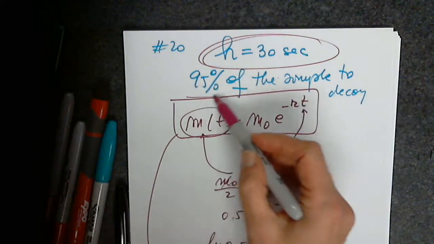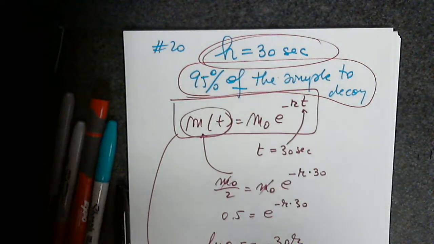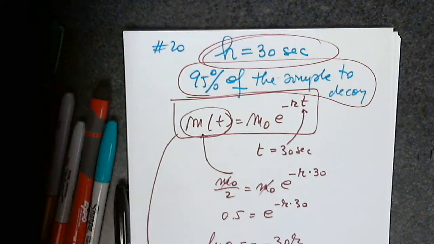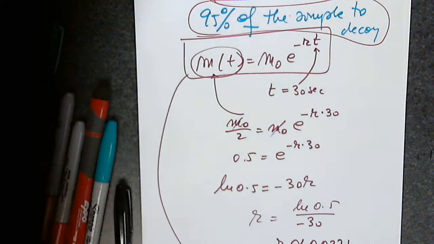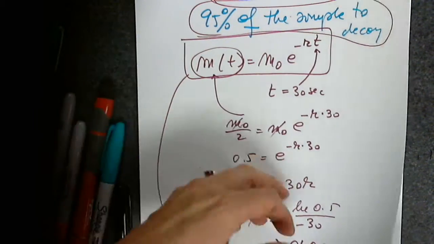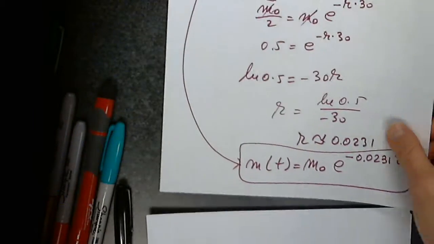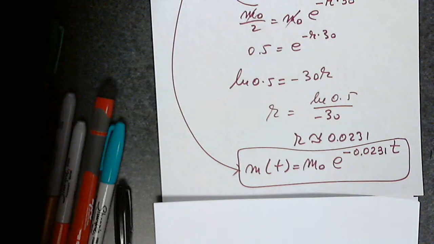Now I have to answer this. I am not given the mass of the sample, but I am asked how long it takes for 95% of it to go away, to dissipate in thin air. So how long it takes for the original to lose 95% of it.